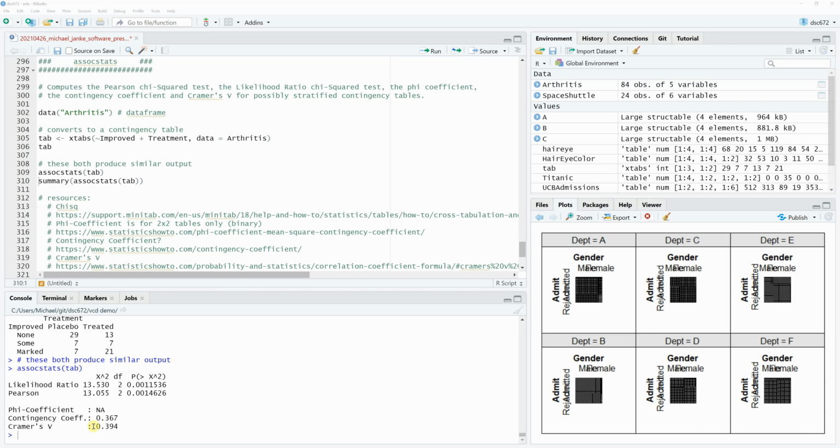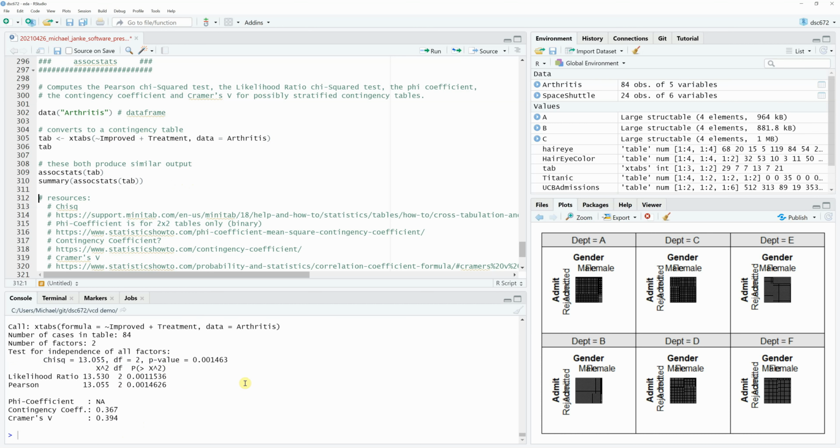And we can see in both of these cases, we're seeing values near 0.4, which is a pretty strong association between improved and treatment. So from this I would deduce that these two variables are not independent, and they're fairly, not super strongly, but fairly strongly associated with each other.